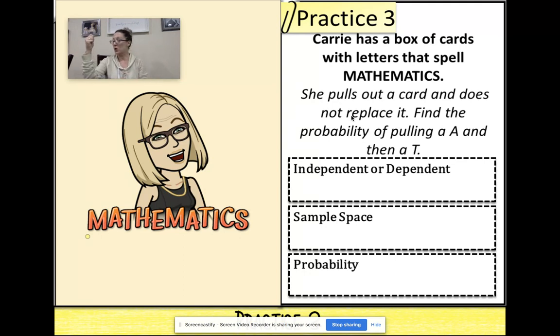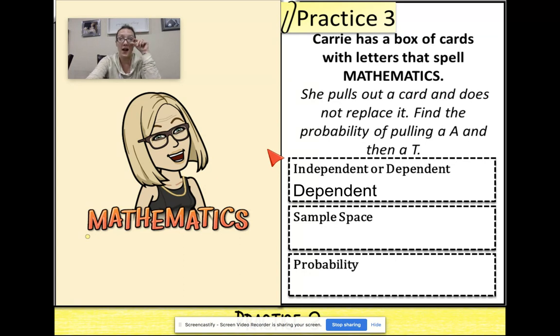When she pulls one out, she sticks it to the side. That means when she goes to pull another one, her sample is changed because there's one less possibility in there, the first card she pulled. So we call that a dependent event. It's dependent because you're changing the sample.